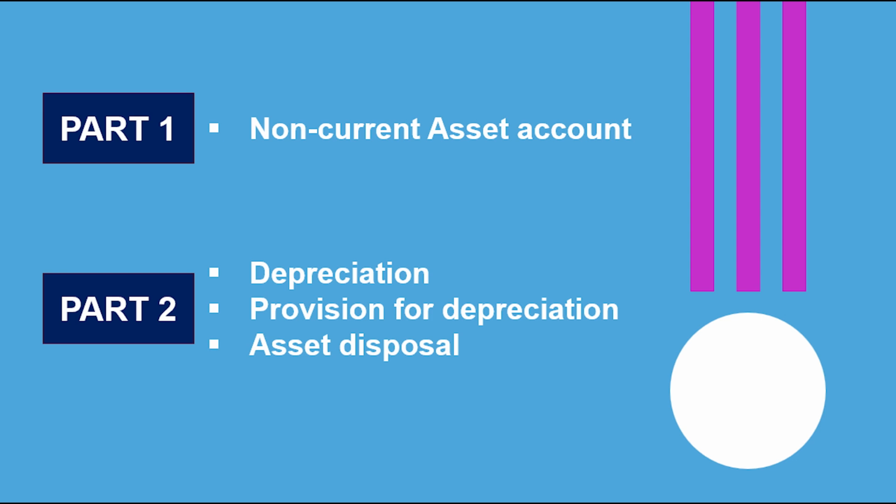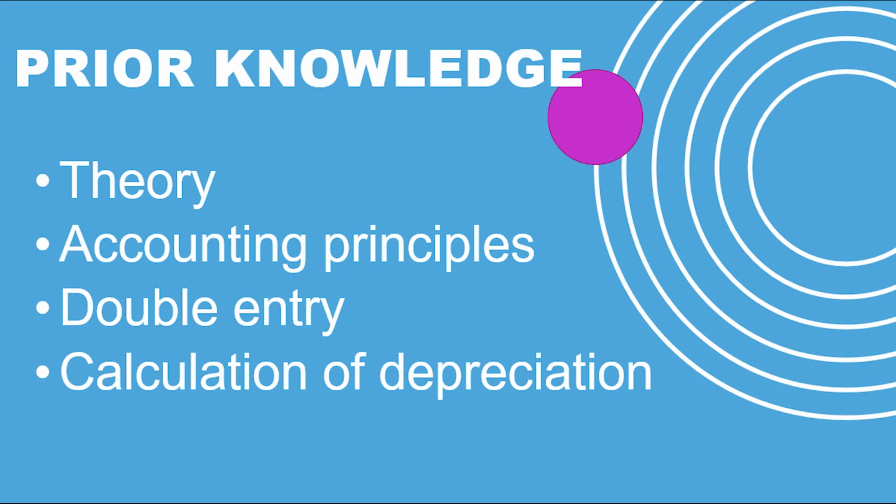Now, this depreciation account, we are not going to go through all the details because at this level I would have expected you to know certain things already about this account or accounting in general. I expect that you have gone through the theory of depreciation.